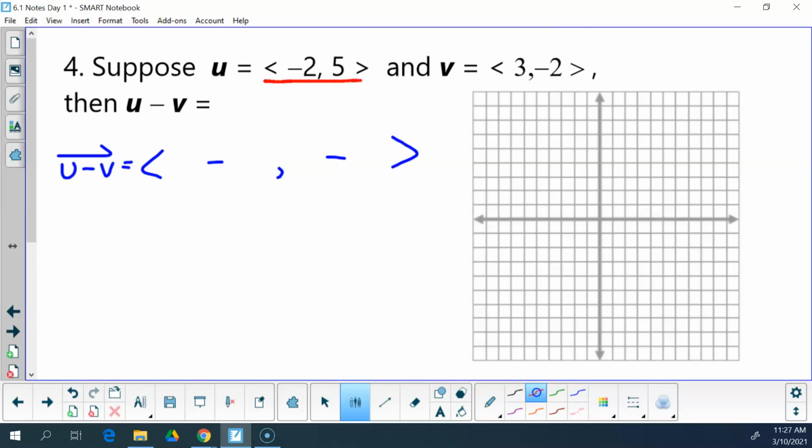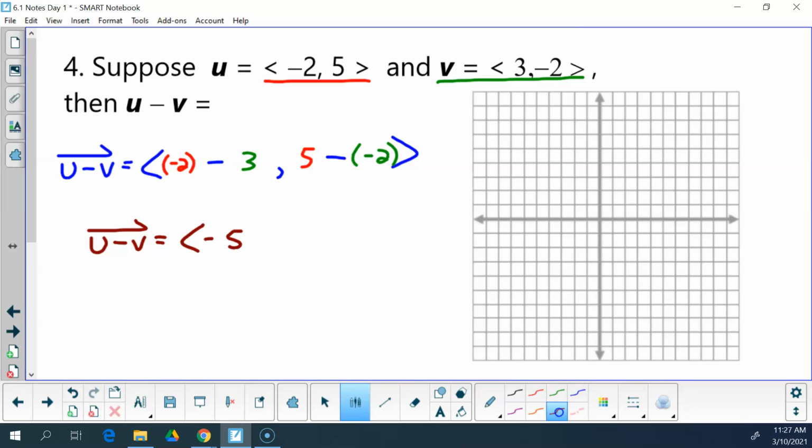If I make this one be my red vector, then that would be negative 2 and 5. If I make this one be my green vector, then that would be 3 and negative 2. And so my U minus V vector would be negative 5, comma, 7.